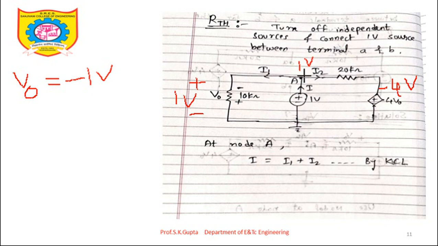So again I will use the KVL nodal equation at this 1 volt source, 1 volt node. So 1 minus other terminal voltage 0 divided by resistance 10 kilo ohm. So 1 minus 0 divided by 10 kilo ohm will be the I1 current, plus I2 current will be 1 minus minus 4, so it becomes 1 plus 4 means 5 divided by 20 kilo ohm.